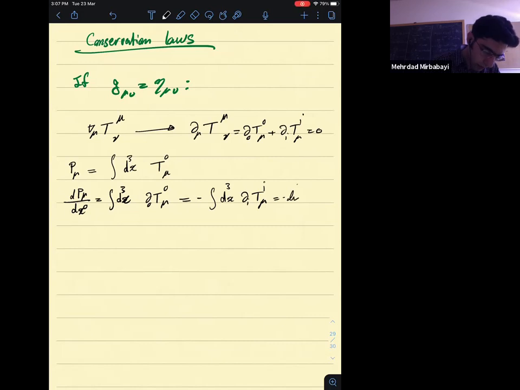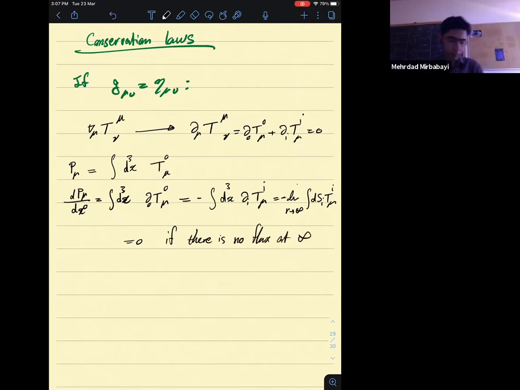So if you are integrating over the entire spatial slice, this will be an integral over the boundary of T i mu, so it will be 0 if there is no flux at infinity.